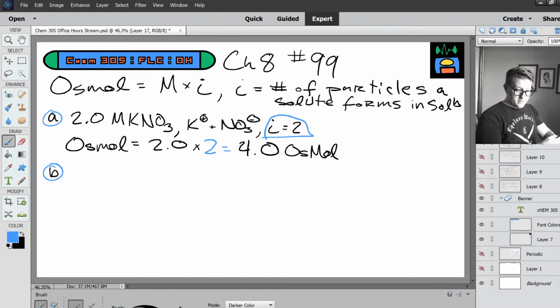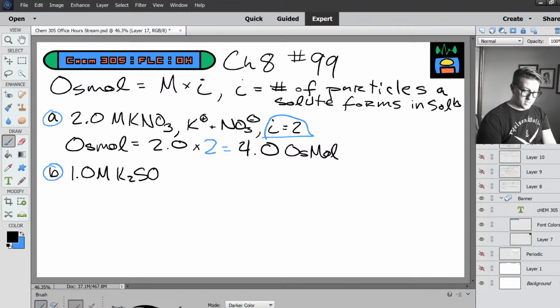Okay, so B, we're given a solution that is 1.0 molar of K2SO4. Now, this has 2 potassium cations plus 1 sulfate. So i, here, because it splits into 3 particles, is equal to 3.